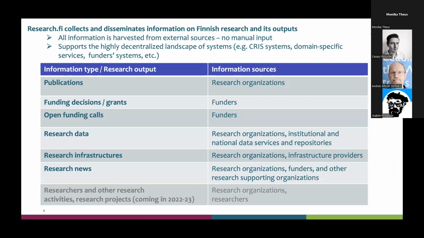The following table really tries to catch the idea of what we do here. Rather than have a single system which all Finnish research organizations would use, we actually have a really decentralized landscape of various systems, in-house built in some cases, for example the funder systems, but we also use international CRIS systems in many of the universities and research institutes here in Finland, for example Pure installations for the CRIS-like data.